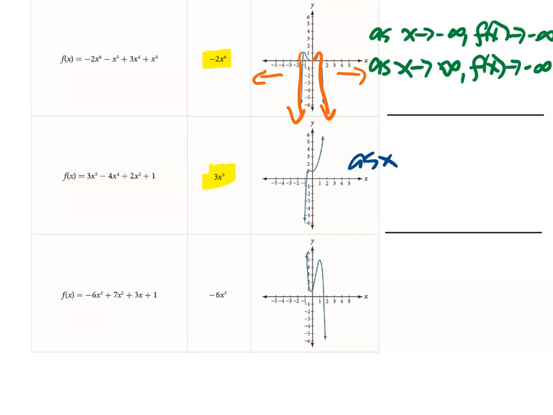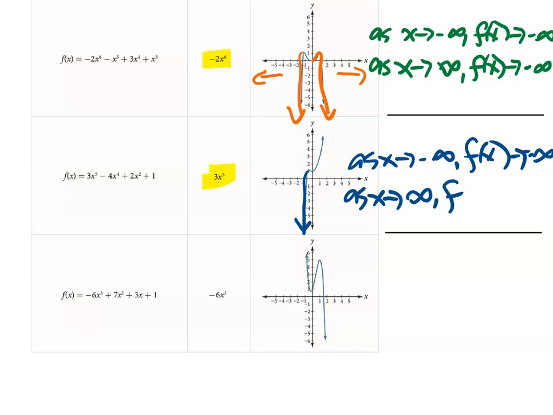As x approaches negative infinity here, f of x approaches, yes, negative infinity. As x approaches positive infinity, f of x approaches, follow this graph, goes up, so that is positive infinity.